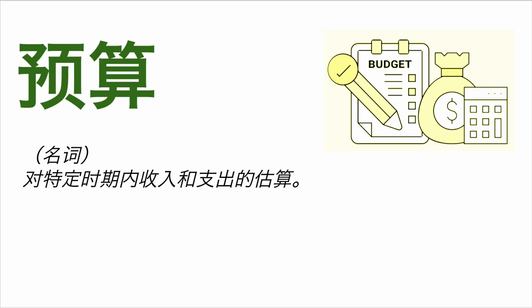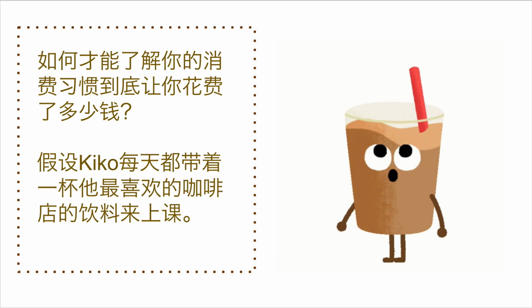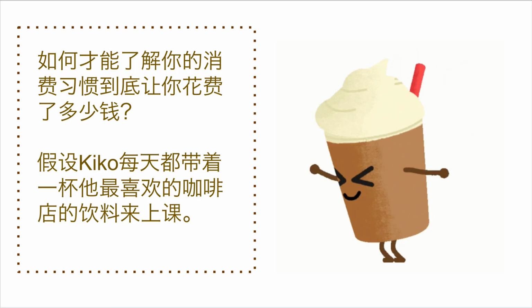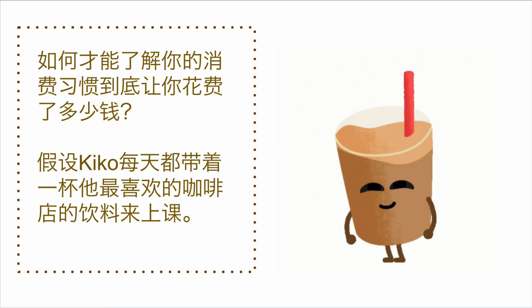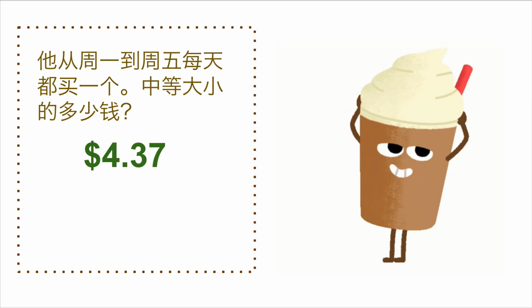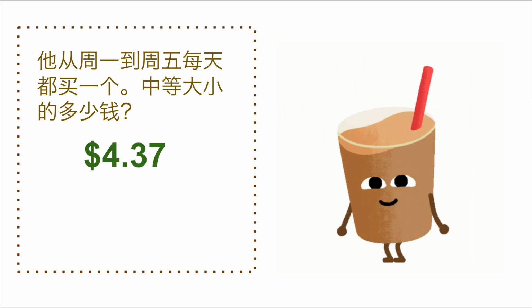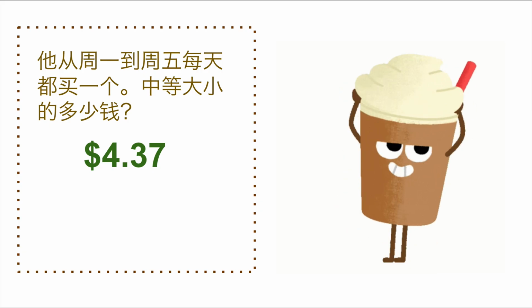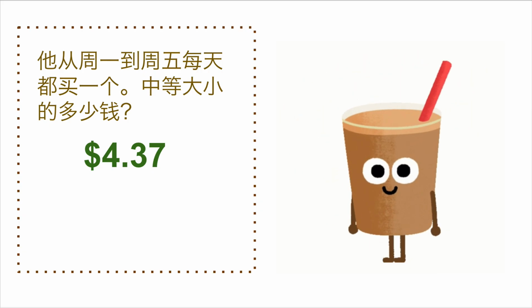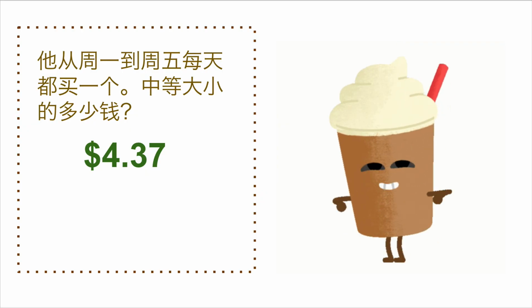During class, we gave an example of how to calculate the cost of an item in the course of a year. And we talk about how Kiko likes to drink a nice coffee or coffee with whipped cream from his favorite coffee shop, and that the coffee costs a merely $4.37, or like Kiko says, innocent $4.37.